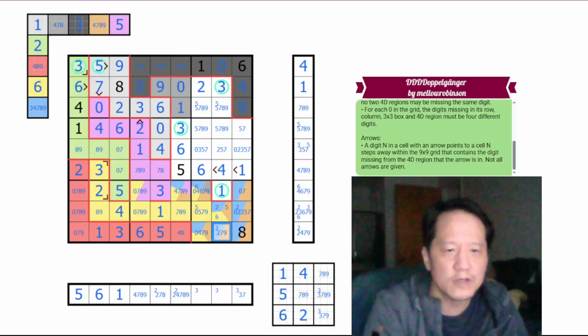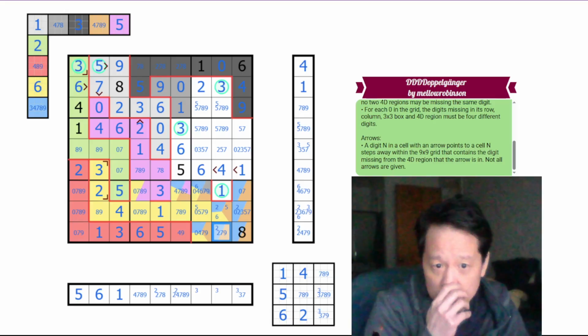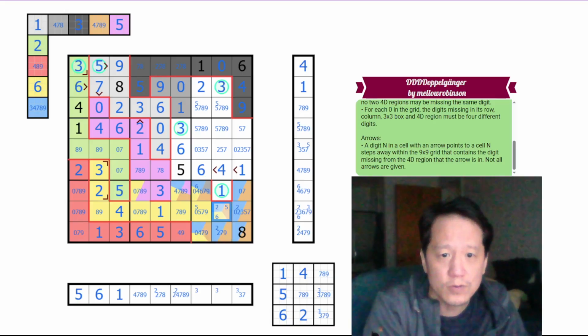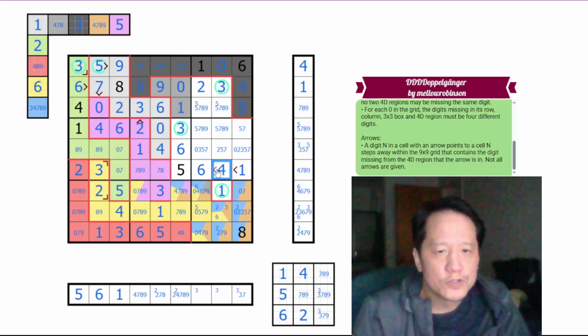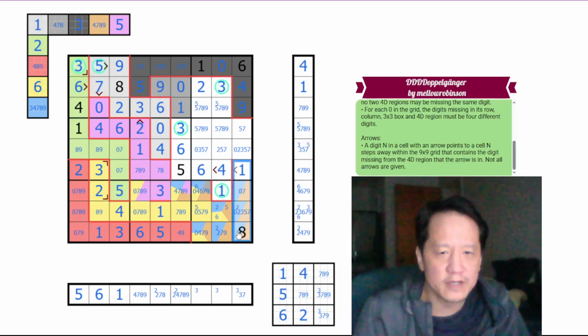No 4 here, because of 4 in the row. Or sorry, 4 in the column. So 4 away from this is a boundary too. This is likely blue going down here.